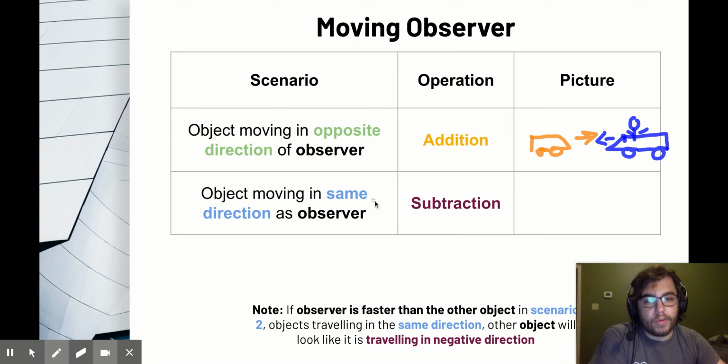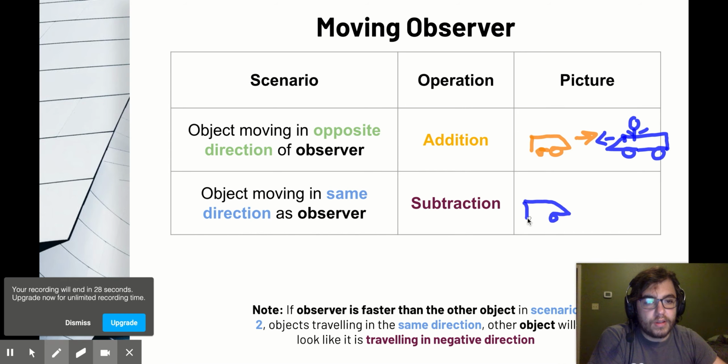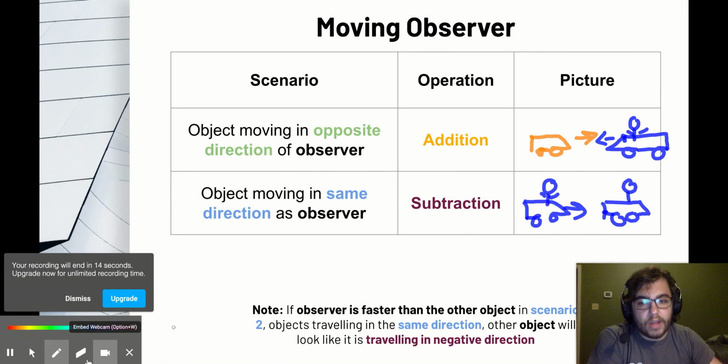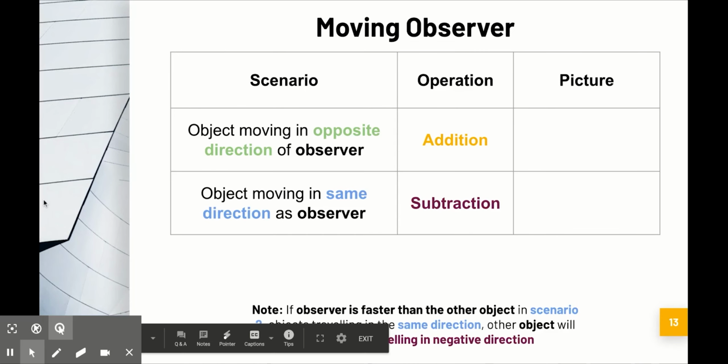In the second one, if you are traveling in the same direction as two objects, you can even see this whenever you pass another car. It will look like whatever motion is occurring is slower than it actually is. And real quick, I'm going to pause the video. I want you to write down this thing right here.